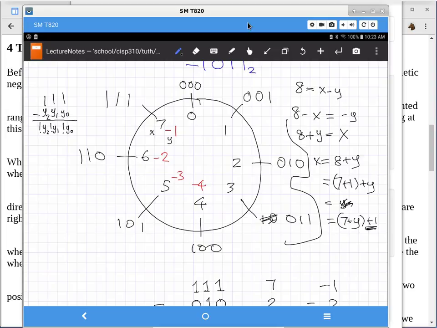It's only when you need to make a decision, when you have a conditional statement or the condition of a loop, and you have to compare to decide: should I go for another iteration? Should I go to the then branch or the else branch? Then it becomes important to know whether 110 is signed, which means it's representing -2, or unsigned, which means it's representing the quantity of 6. Only then does it become important.